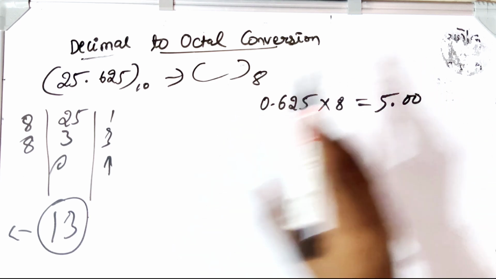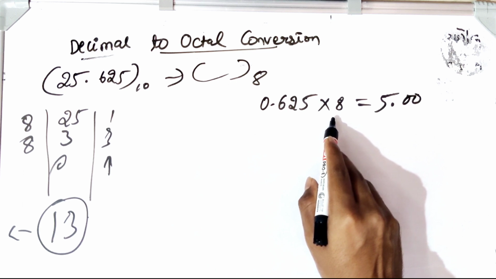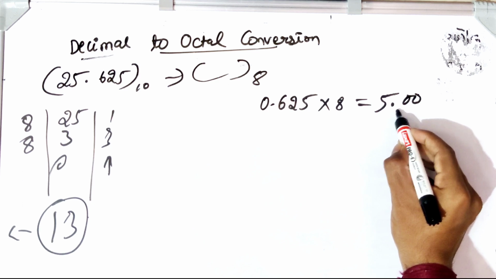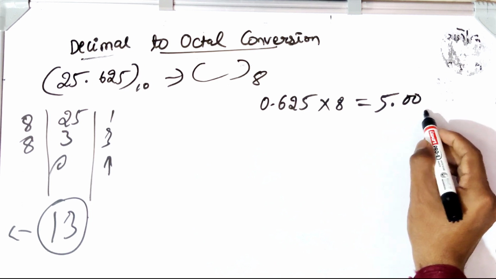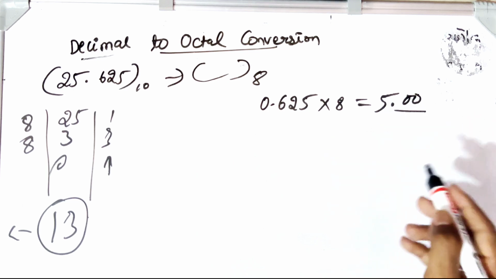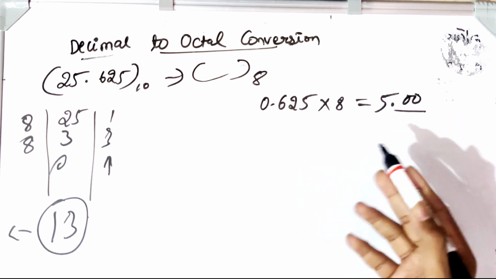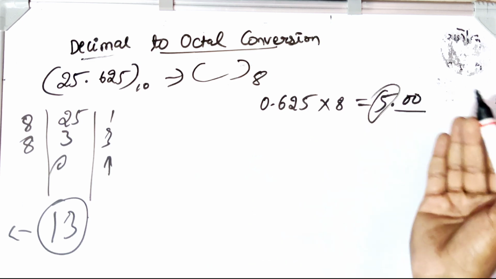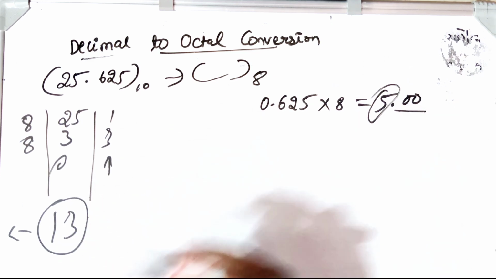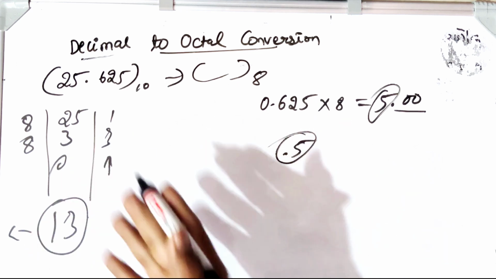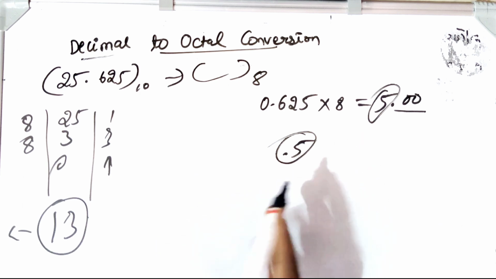The rule is you should multiply with the base until you get 0 after the decimal point. So you got 0 at the first step itself, so there is no need to continue. Take the value before the decimal point. 5, so 0.5 is the value of 0.625 in octal.